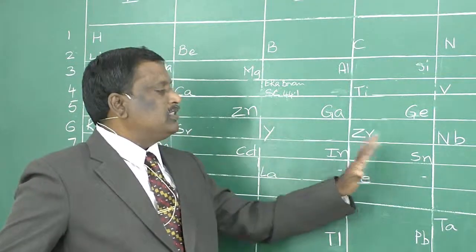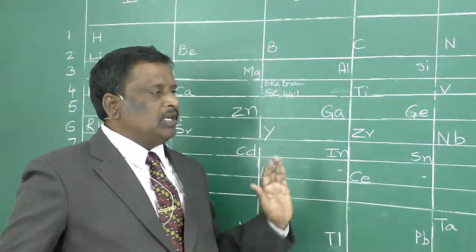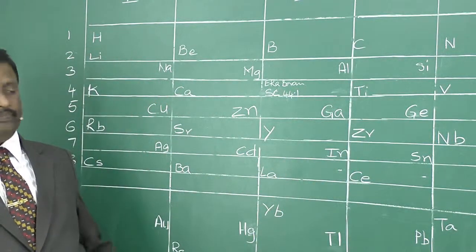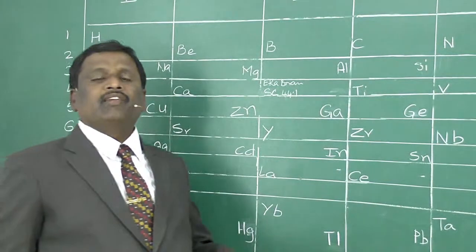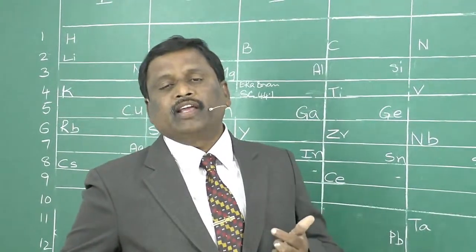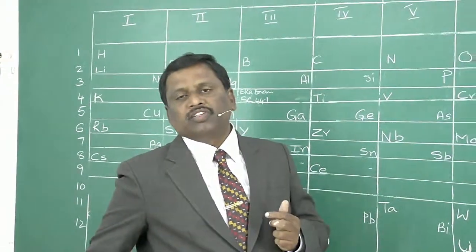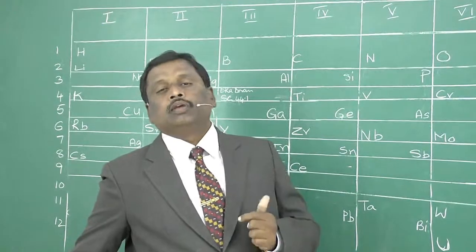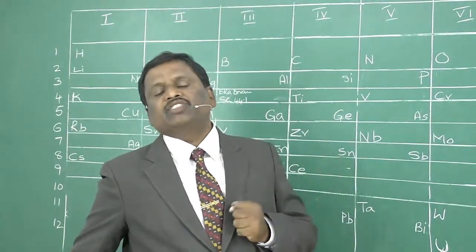In that way he arranged elements. He kept so many gaps. Later on, all those elements were discovered and at present we have nearly 119 elements. Of course, only 92 are naturally occurring elements. The rest are artificial elements. But the discovery of all these elements is possible because of Mendeleev's effort.